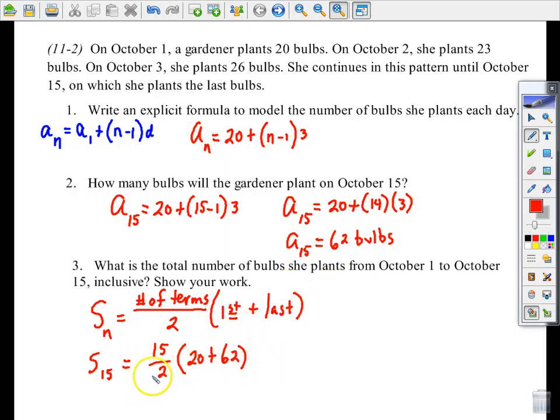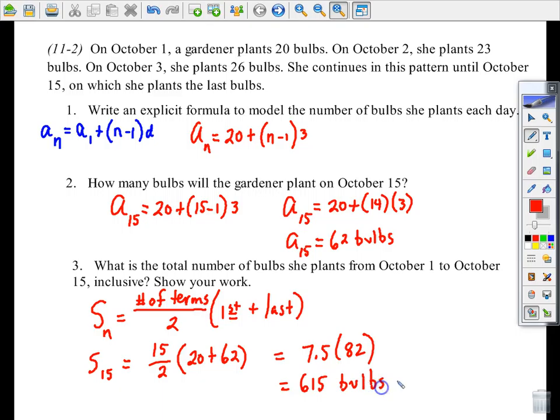In your calculator, you can do it a couple of different ways. This is 7.5 times 82, and you get 615 bulbs.